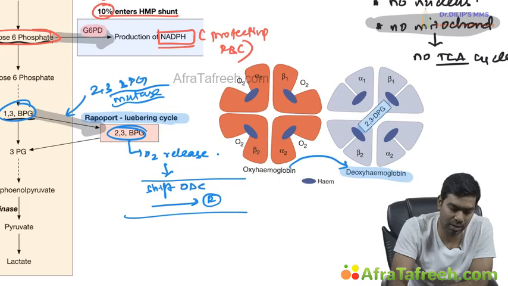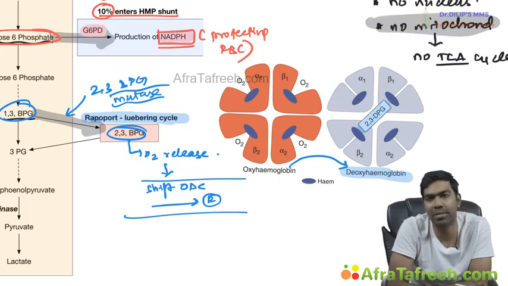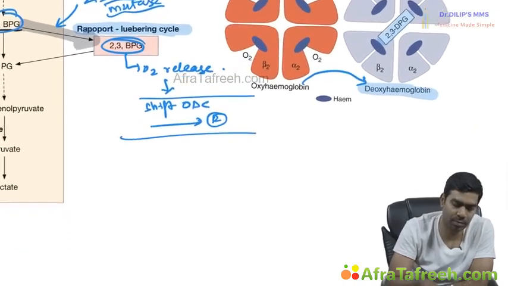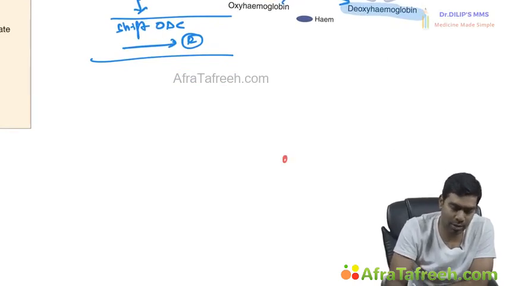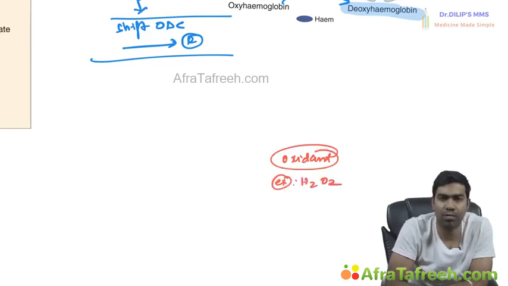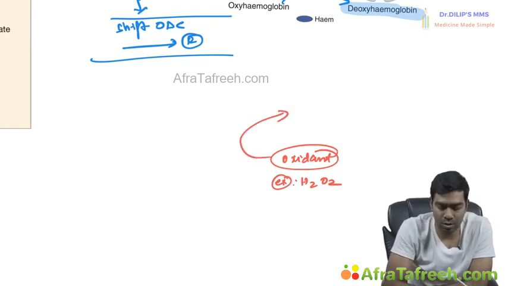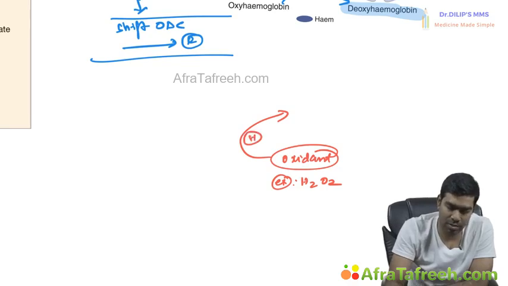And what is the importance of NADPH? If you ask me about the role of NADPH in RBC metabolism, let us say in oxidant stress, for example, you have an oxidant like hydrogen peroxide, which has to be reduced. If we add hydrogen, it will be reduced; addition of hydrogen is what we call reduction.